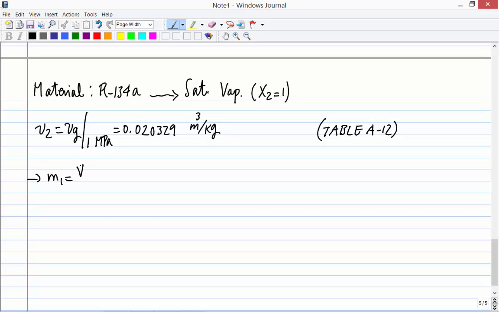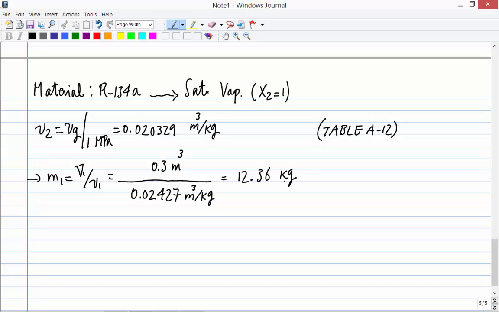M1 equals V1 divided by v1, which would be 0.3 meters cubed divided by what we just got for little v1.